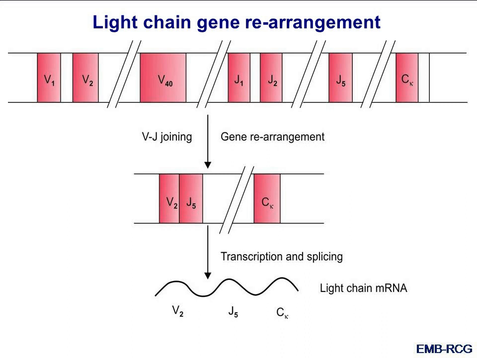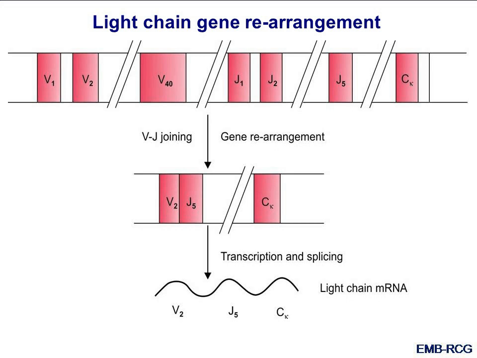When gene rearrangement occurs, one of the V segments joins one of the J segments. So in this particular B lymphocyte, this V2 gene in the V cluster is going to join the J5 gene in the J cluster.